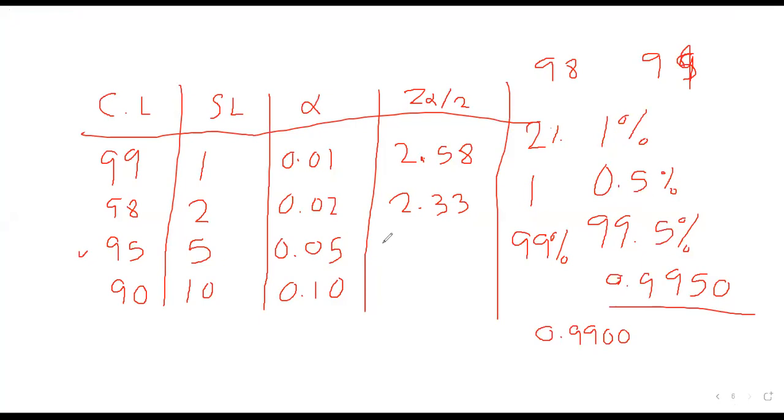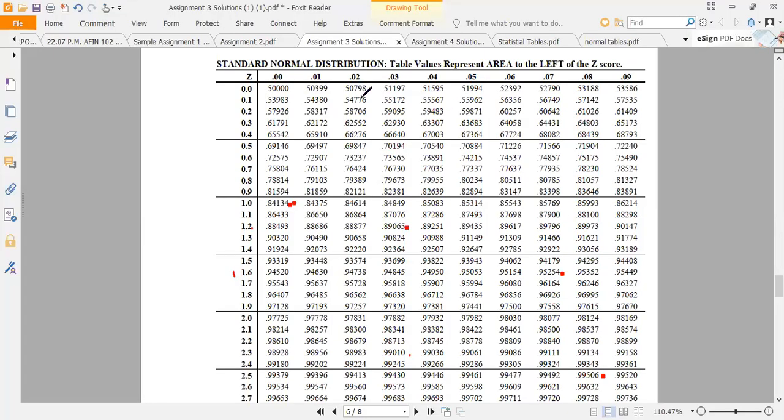Okay, 95%. Step 1, 5%. 95% of the difference is 5%. Half of 5% is what? 2.5%. Then subtract from 100, 97.5. Then the decimal of 97.5% will be what? 0.975. So Mr. Joseph, help us locate the 0.975.